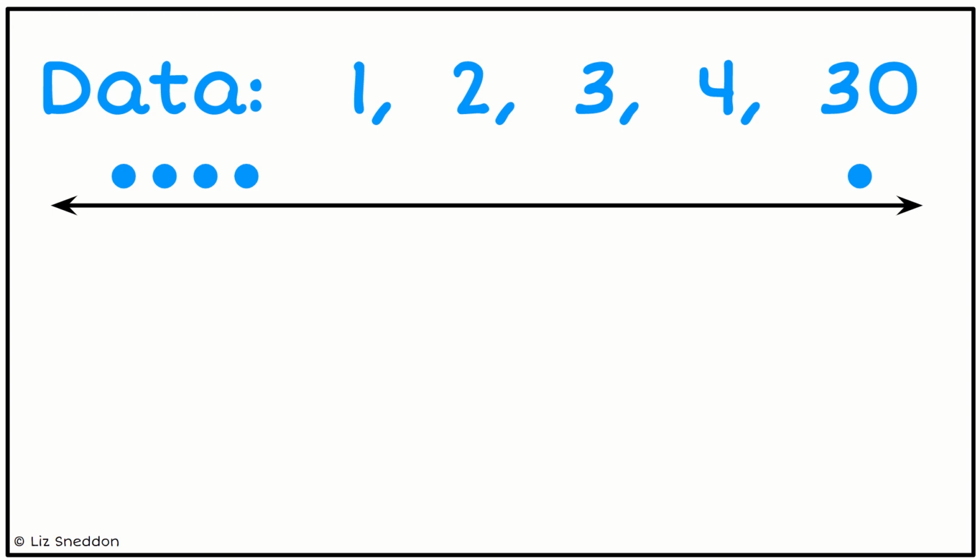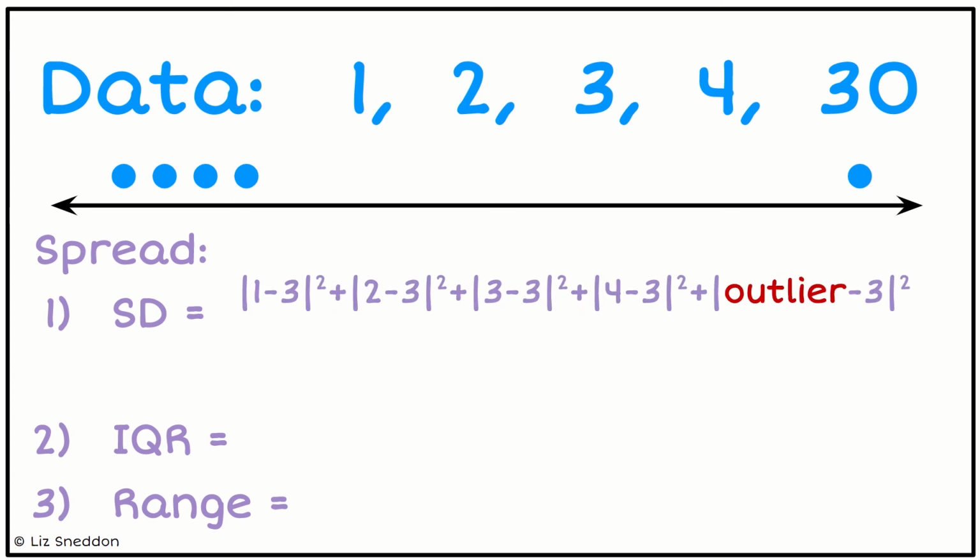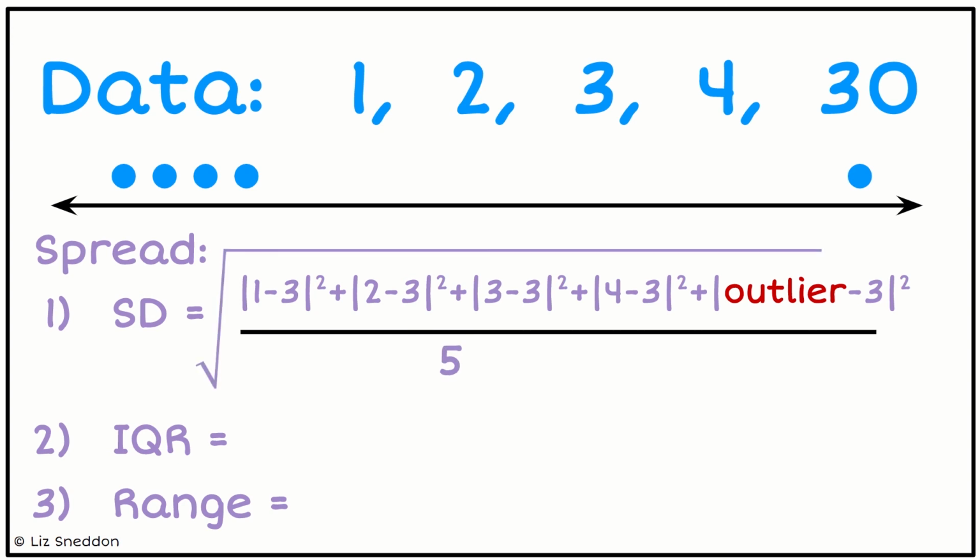What about our spread? Our 3 measures of spread: standard deviation, interquartile range, and range. When we calculate the standard deviation, remember we take each data value, subtract from the mean, take the absolute value and square it. That's including that value of 30, which is an outlier. So when I go to divide that by the sample size of 5 and take the square root, my standard deviation is going to be affected by that outlier, as is the mean.